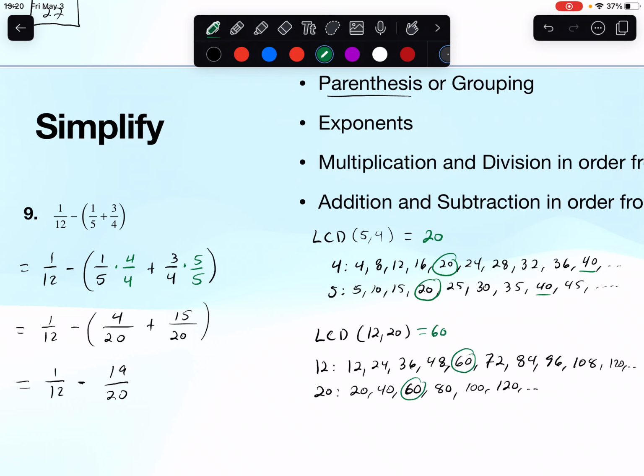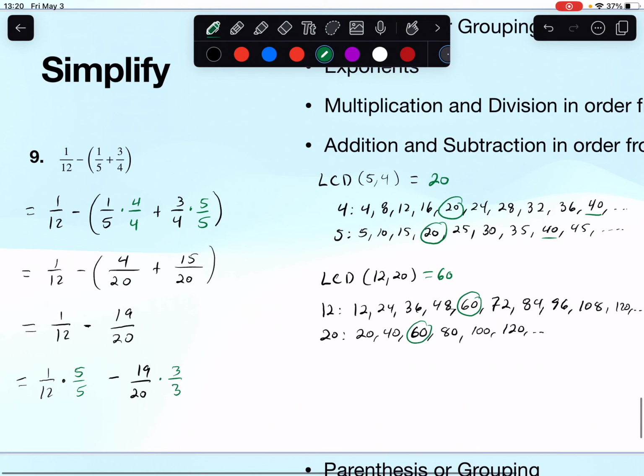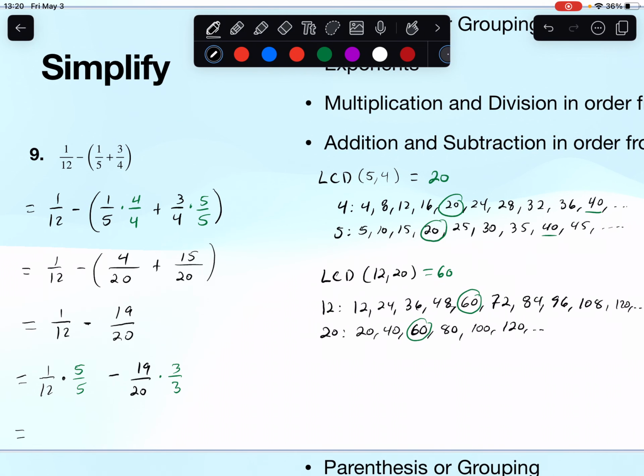For the 1/12, we need to multiply by 5/5. 5 times 12 is 60. And then minus the 19/20, and to make 20 into a 60, we need to multiply by 3/3. So we're going to have 5/60 minus 57/60. And when I find the difference, 5 minus 57, it's going to be negative 52/60.